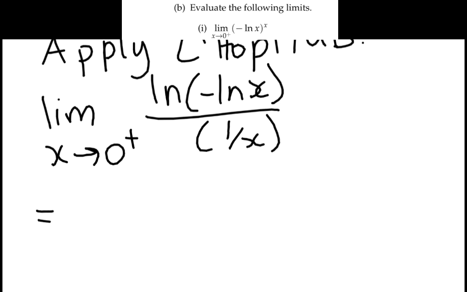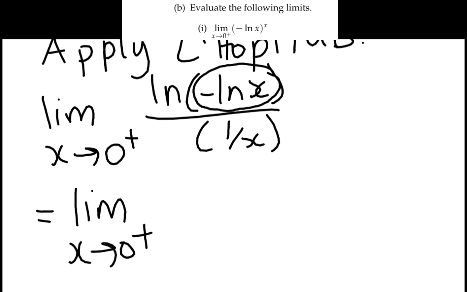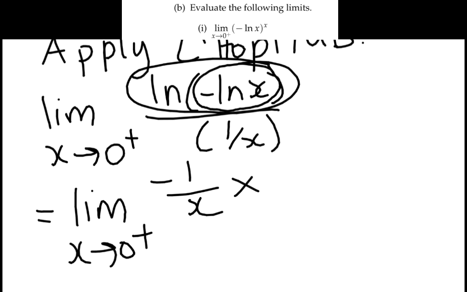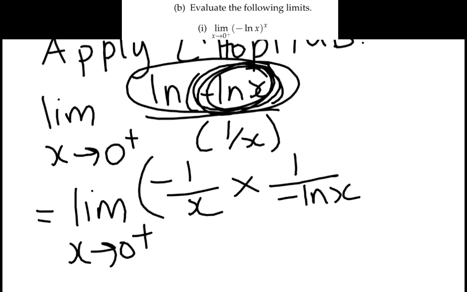We differentiate the numerator and then we differentiate the denominator. If we differentiate the top, we're going to have to use the chain rule. So we start with what's inside the ln. If we differentiate this inside, what we get is negative 1 over x. And then we differentiate outside. What we get is 1 over whatever's inside, which is negative ln x. So that's the numerator done.